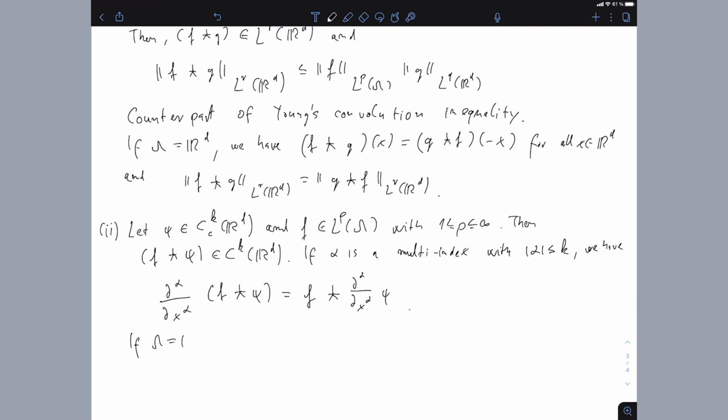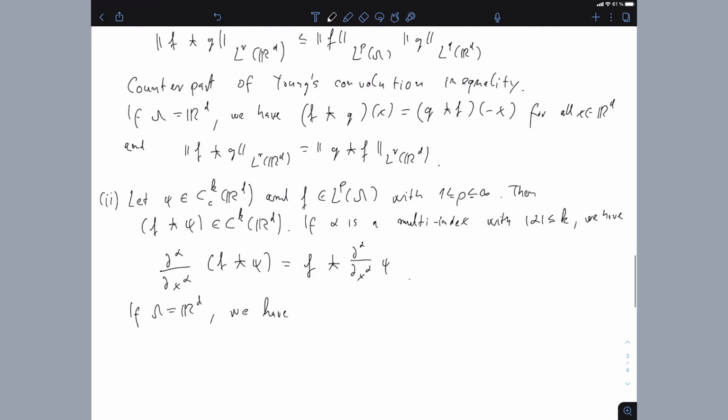And if omega is R^d, then we can flip the order. Also, psi convolved with f is differentiable, correlated with f. And it's slightly different.